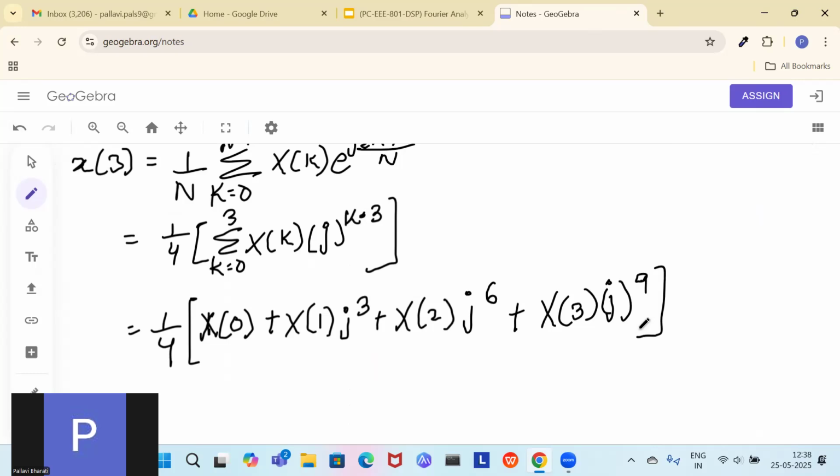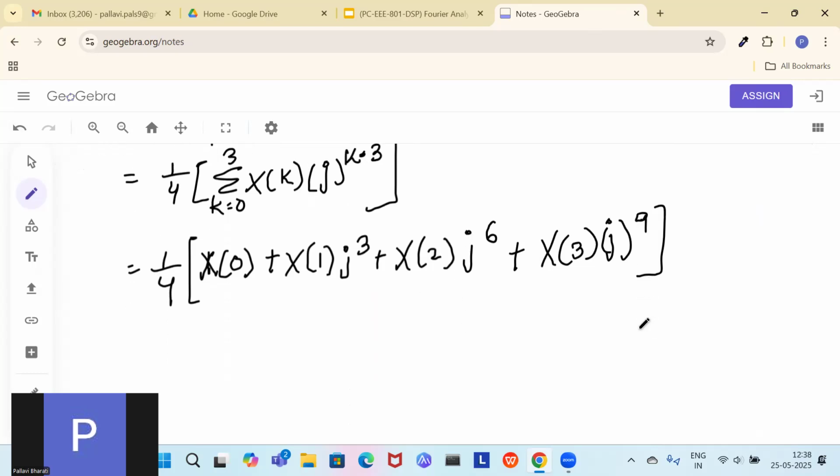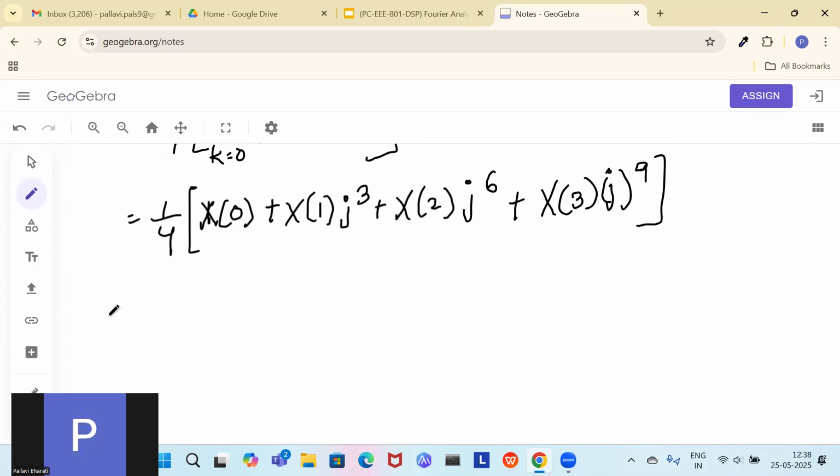Now x0, capital X0, the value is given in the question as 1.